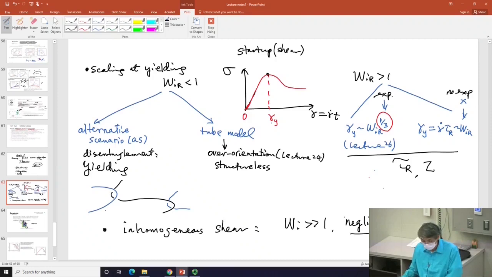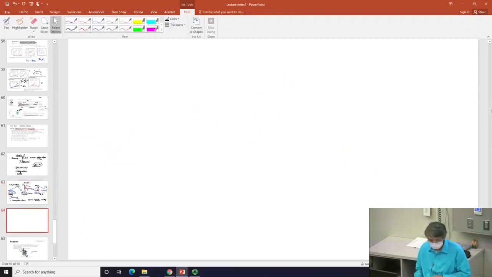Okay, so under this scenario, under the title of inhomogeneous shear, what can you do? We cannot avoid it because we observed it.